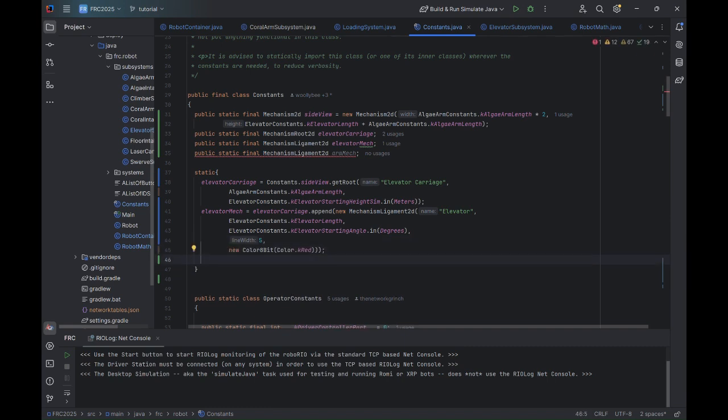And finally is our arm. So arm neck is the same thing, append from the root.